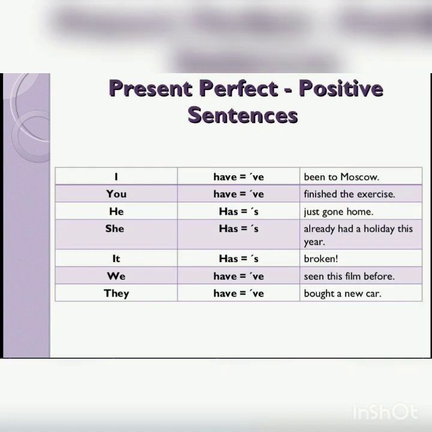She has already had a holiday this year, or she's already had a holiday this year. It has broken, or it's broken. We have seen this film before, or in short, we've seen this film before. They have bought a new car. In short, they've bought a new car.